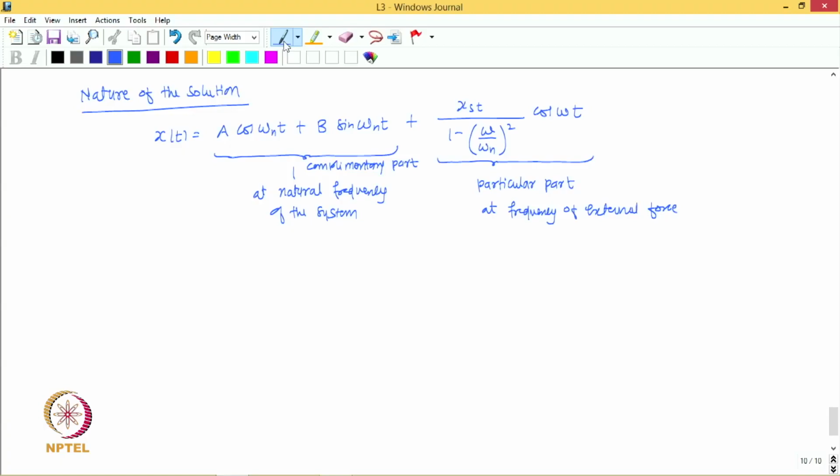So, this complementary part is also called transient part, because it is going to die out because of damping, and this part is the only part that would be left after the transient part has died out.